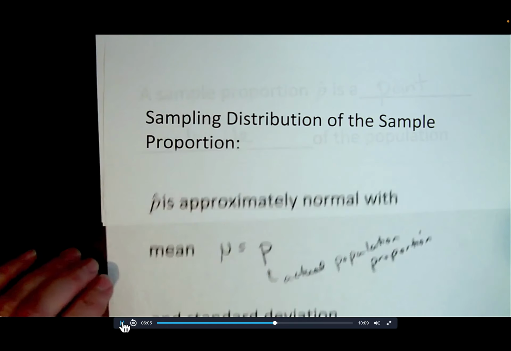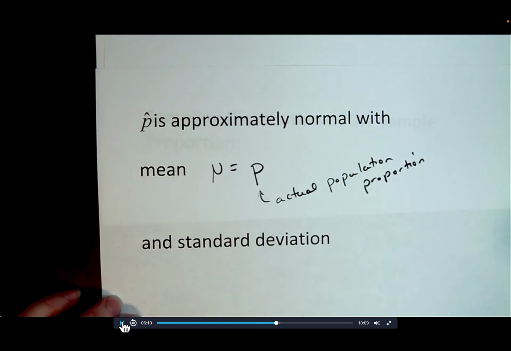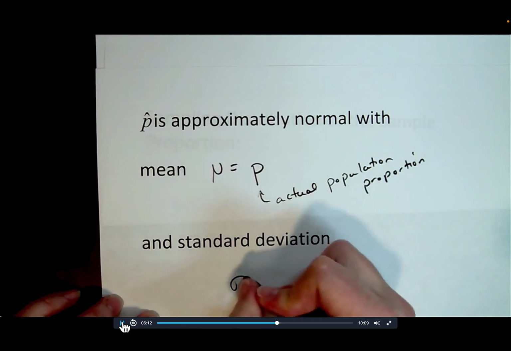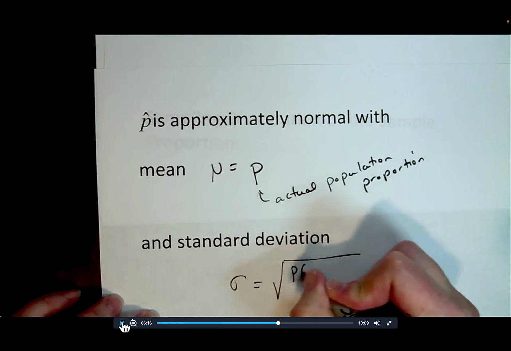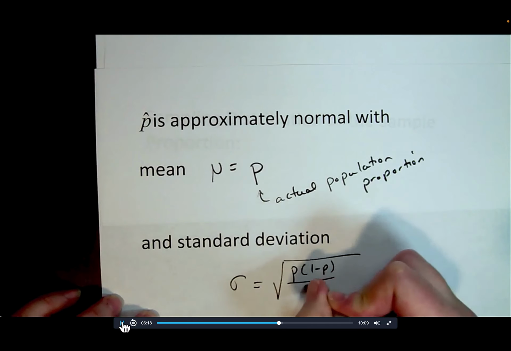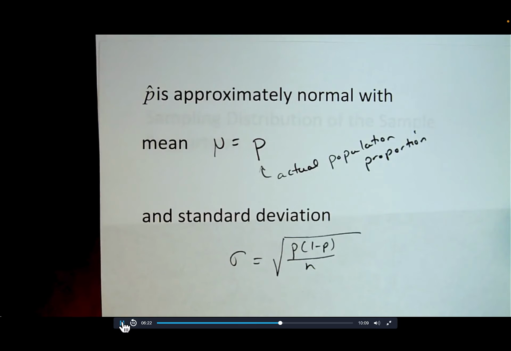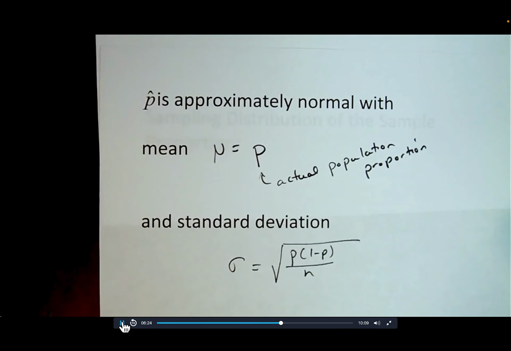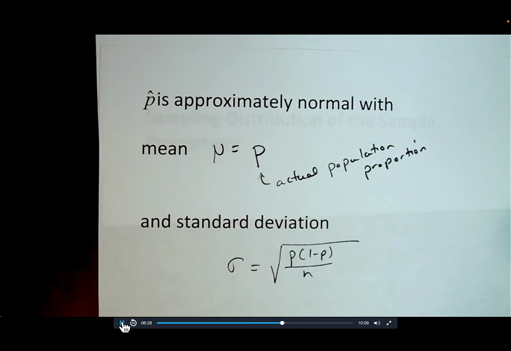And the standard deviation for this random variable is sigma equals the square root of p times 1 minus p over n. We're going to use the fact that this is normal. That's what allows us to use the tables in the back to determine probabilities.